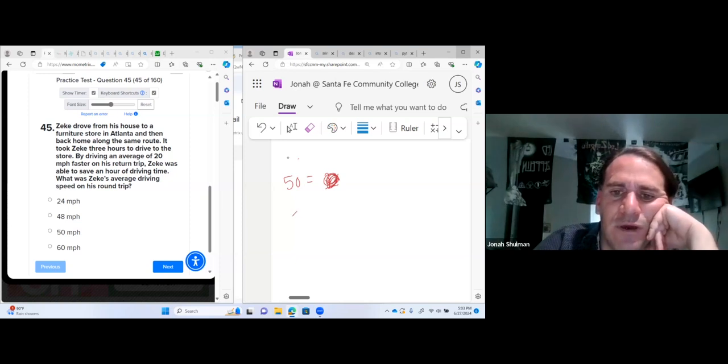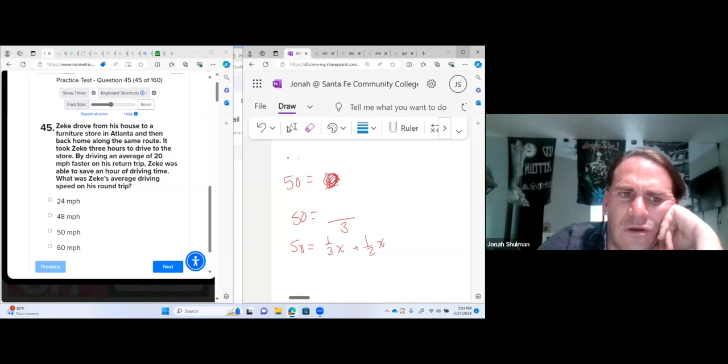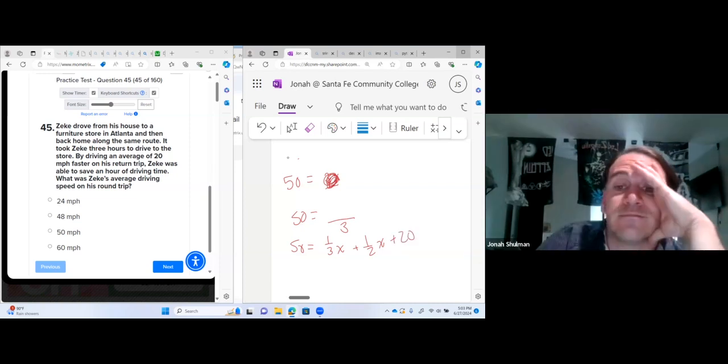So the hours have to be on the bottom. So 50 equals divided by 3, and then it's 3 hours. So let's do 50 is 1/3 x, and then 20 miles faster. So plus 1/2 x plus 20.